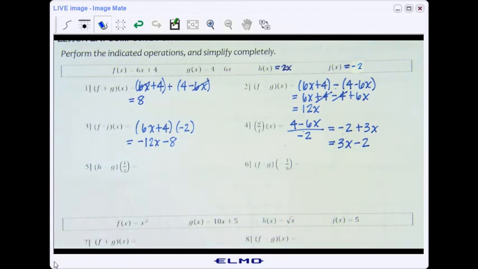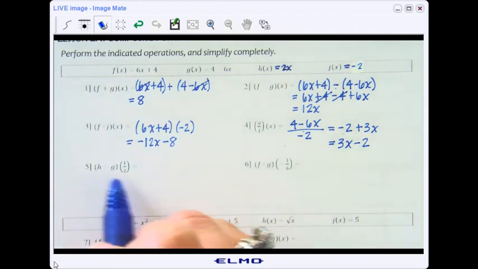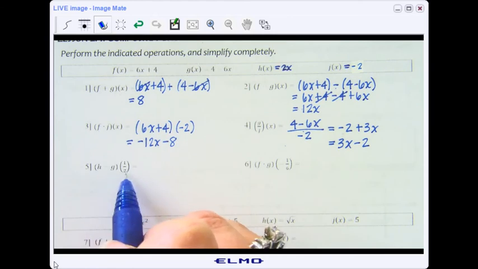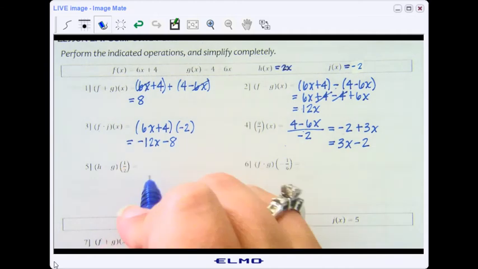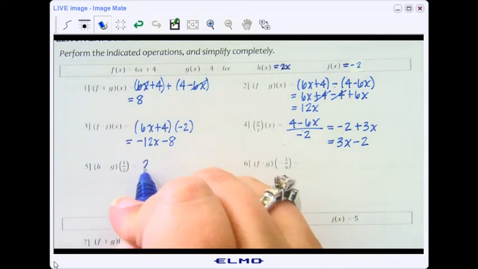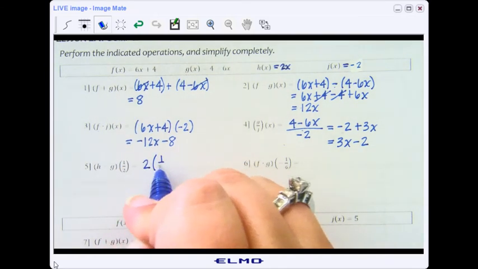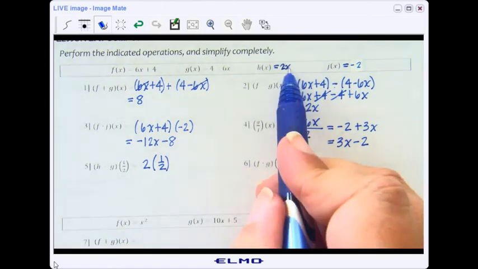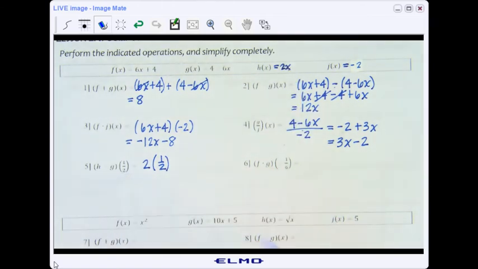And number 5, we are finding h of 1/2 and g of 1/2, and we're subtracting them. So h of 1/2 is going to be 2 times 1/2 when I replace my x in h with 1/2.